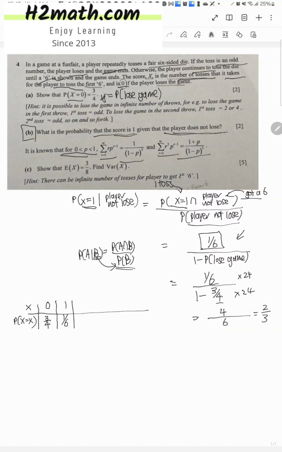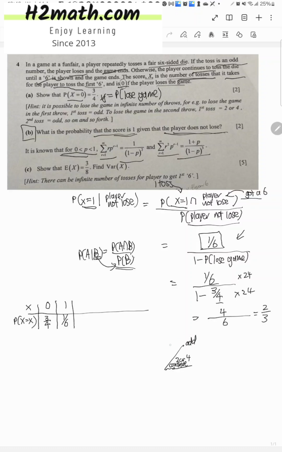Or to get the 6 in the second toss, it has to be 2 or 4 in the first toss, because that's the only way it can continue, right? According to the question, to continue it has to get 2 or 4. If it got odd, then it will lose, right?